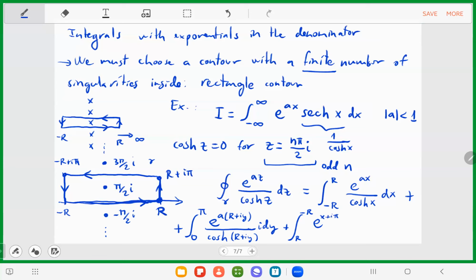Sorry, there is an a here. The exponential of a times (x plus iπ), I'm not going too fast, right? Hyperbolic cosine of x plus iπ dx.